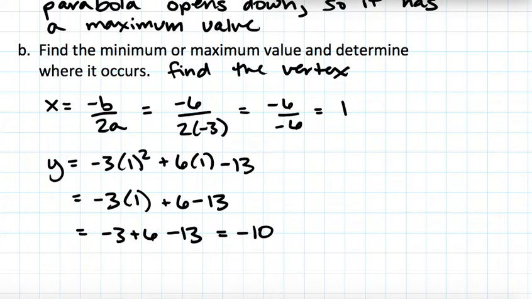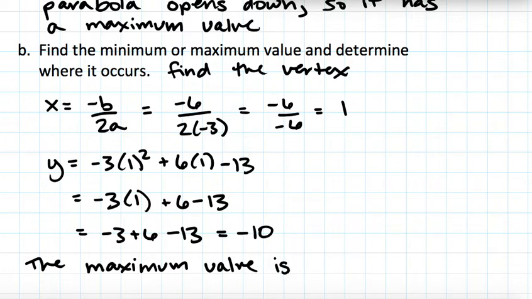So the way that this is going to look in the homework is that there's going to be a sentence for you to fill in. So it's going to look like this. The maximum value. Now, when they talk about maximum value or minimum value, what they're referring to is the y-coordinate. So it's the maximum or minimum y-coordinate that the parabola reaches. So in this case, it's a maximum, and the y-coordinate is -10 at the vertex.